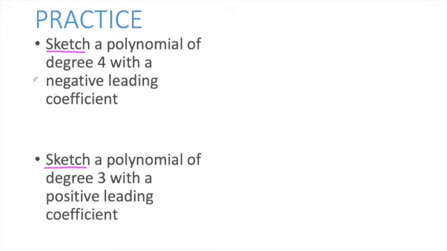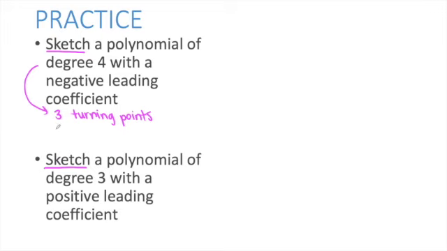No, because you know that a degree 4 can have up to 3 turning points, and it has a negative leading coefficient, so it can have 0 to 4 zeros.